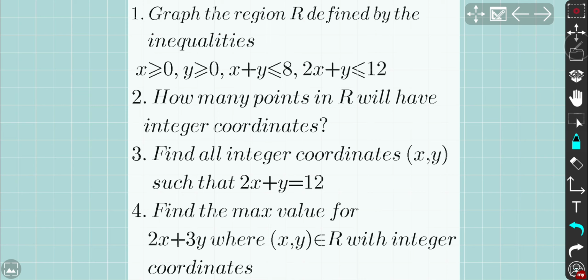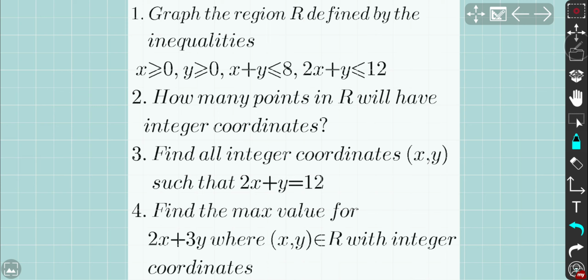So the first question asks you to graph the region R defined by inequalities. You set up the inequalities: x more or equal than 0, y more or equal than 0, x plus y less or equal than 8, and 2x plus y less or equal than 12. As you can see, all the inequalities are linear, so that's the standard direct problem.